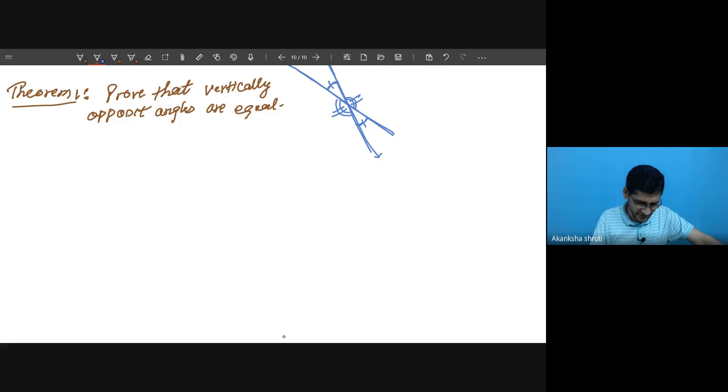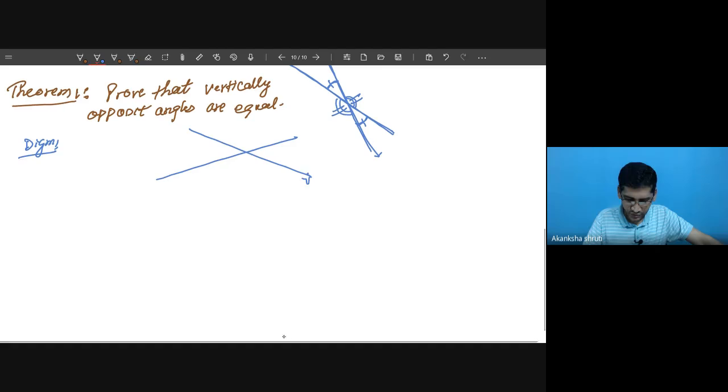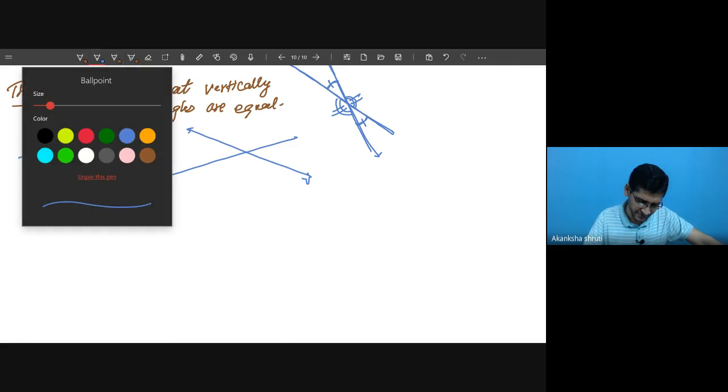For that you have to start, and before that you have to first draw the diagram. So what is the diagram? Draw vertically opposite angles. Means you will have to take two straight lines which are intersecting.